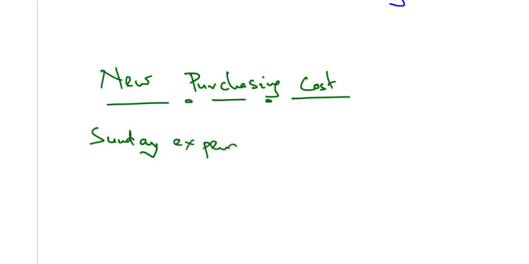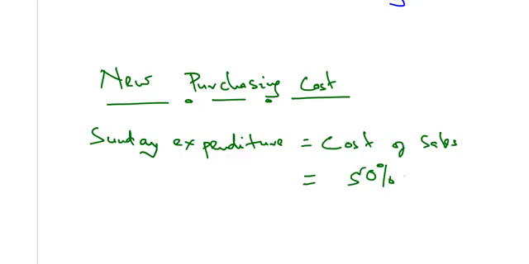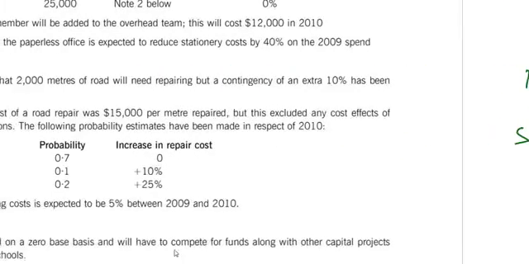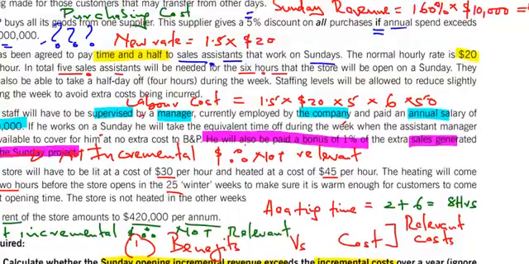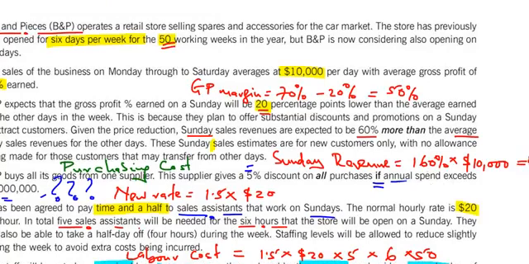Sunday expenditure will equal the corresponding cost of sales, right? And we are told that the new cost of sales is 50% times the new revenue. Now, I guess you've forgotten where this 50% comes from. Let me just show you where it comes from. We calculated it already. Are you seeing this figure here?